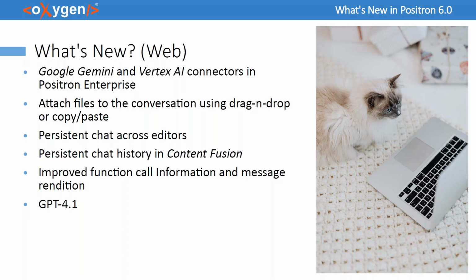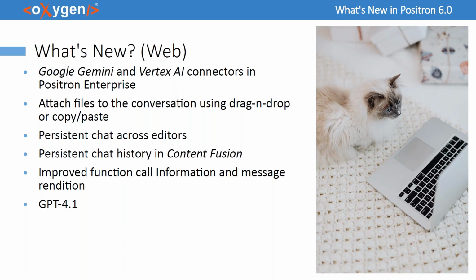And another common improvement for both the standalone Oxygen and Content Fusion or Web Author, we improved the function call information and also the message rendition. And we'll see this a little bit later.